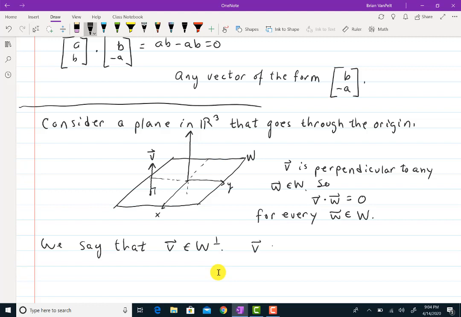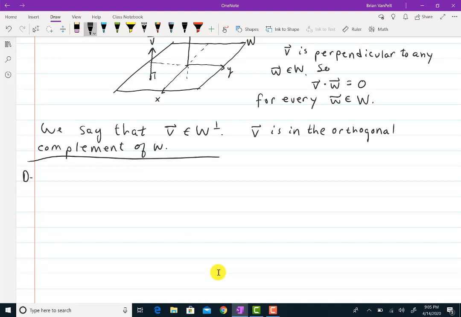So v is in the orthogonal complement of W.